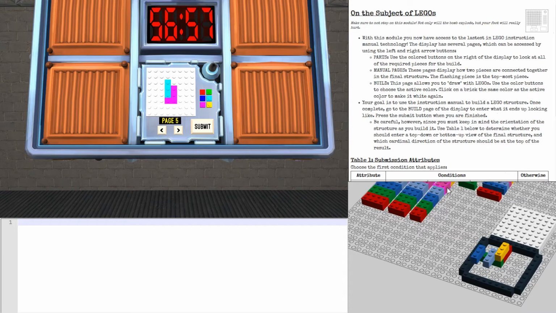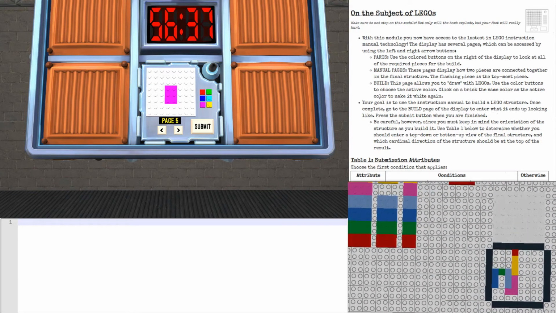And now let's move the pink piece, which is a 2x3, here. This is wrong. It's oriented like this. It overlaps the cyan on two squares, so this is the correct orientation.